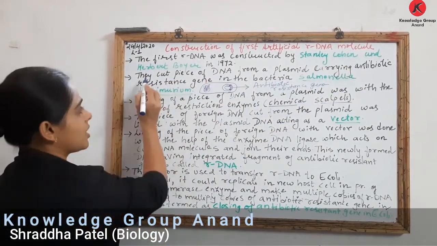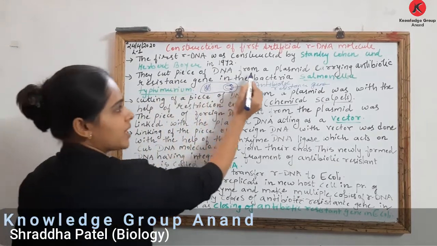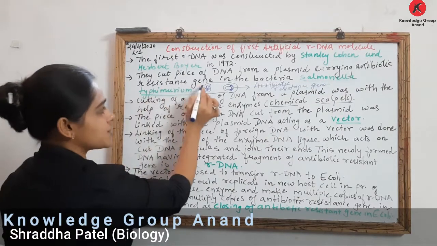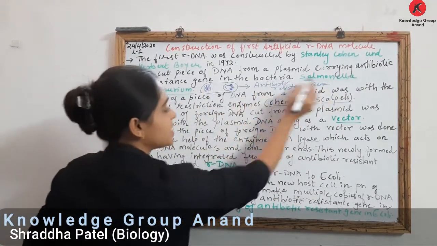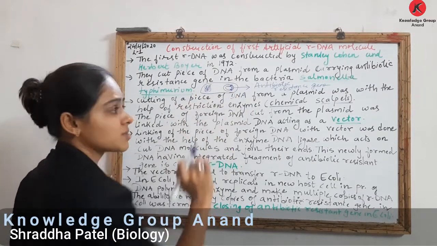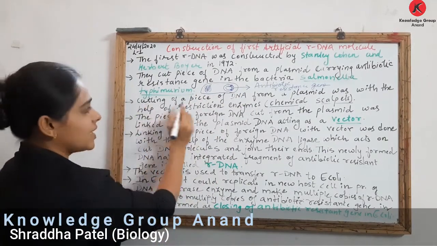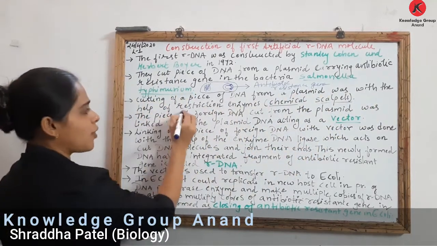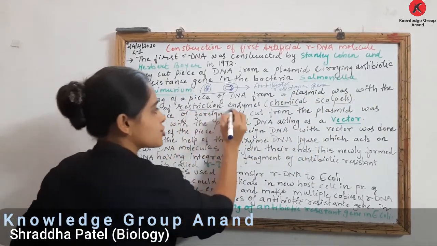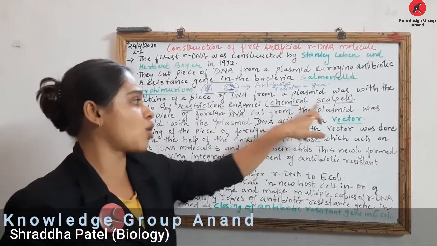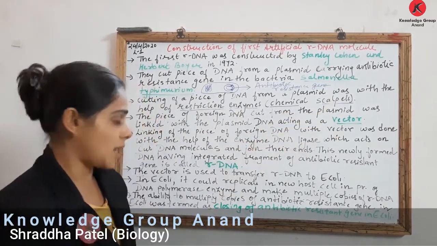What they did was cut a piece of DNA from a plasmid carrying the antibiotic resistant gene in the bacterium Salmonella typhimurium. That is what I explained here. Cutting a piece of DNA from a plasmid was done with the help of, of course, our restriction enzymes, our molecular scissors. Okay, they are also called chemical scalpels.